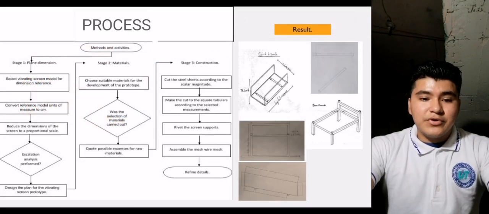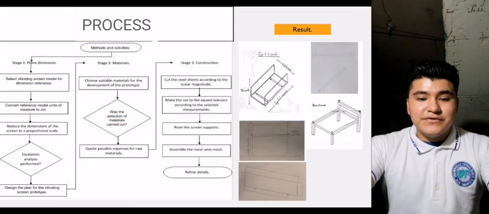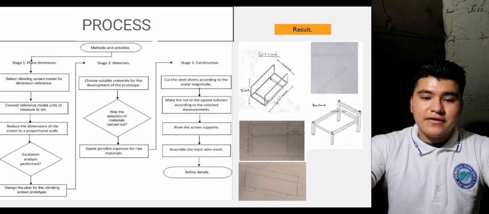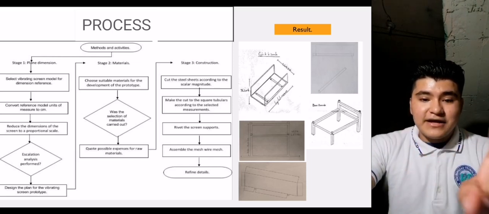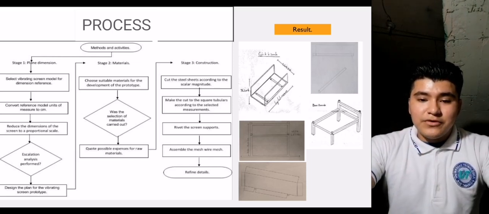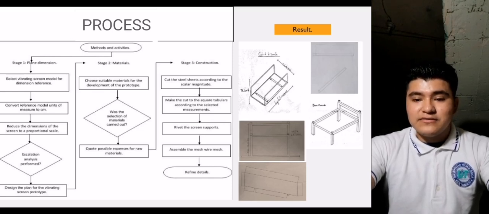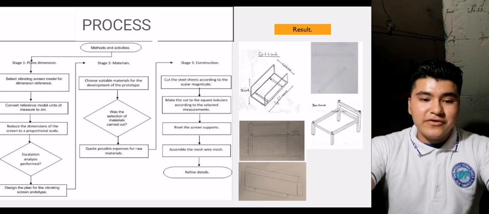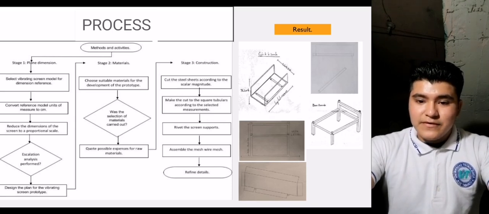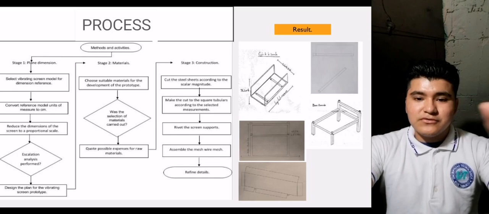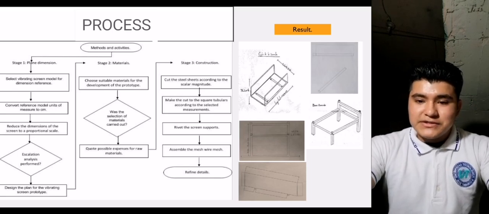The project is divided into three stages. In the first stage, the model reference was selected based on the dimensions of the prototype, integrating the dimensions of the model, which were converted to centimeters from inches.